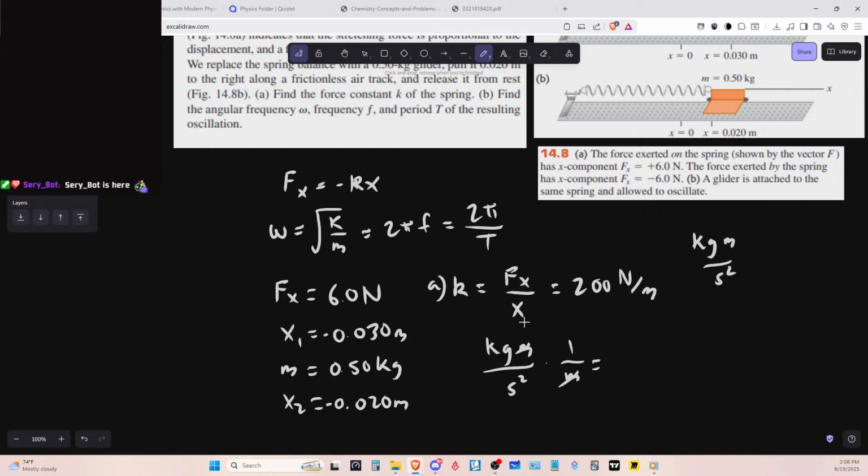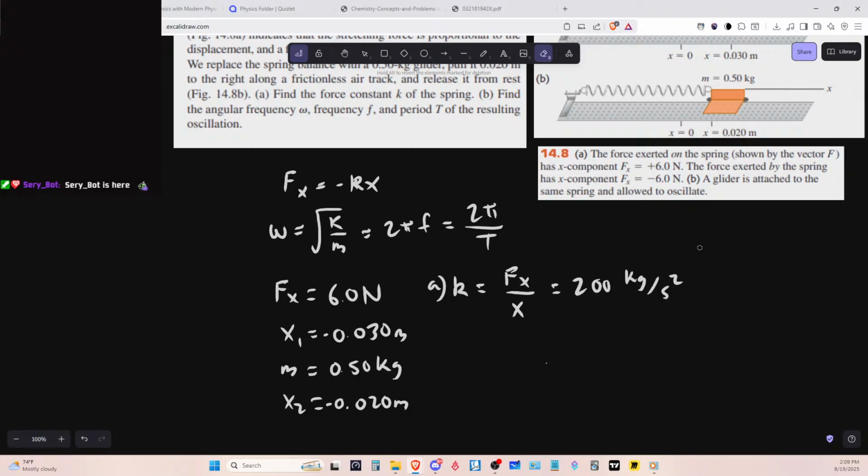So that leaves us with kilograms per second squared. I mean, that's how the units look when I organize it.